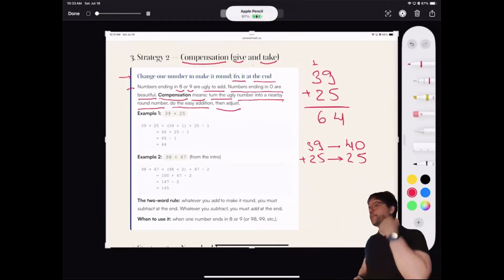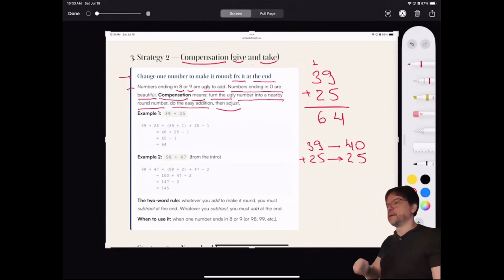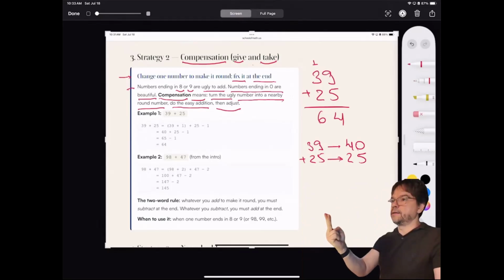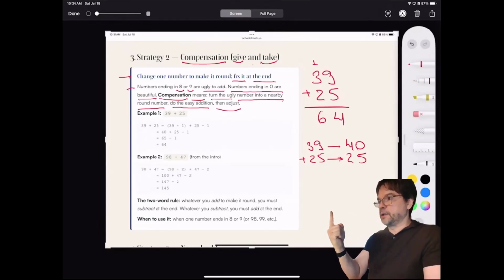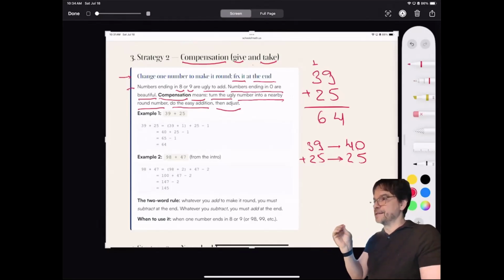Look, 40, 25. Okay. 10, 20. Okay. 40. Look at me. 40, 50, because I'm adding 10. 50, 60 plus 5. So it's 65.